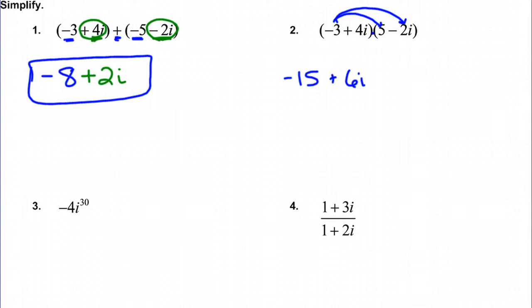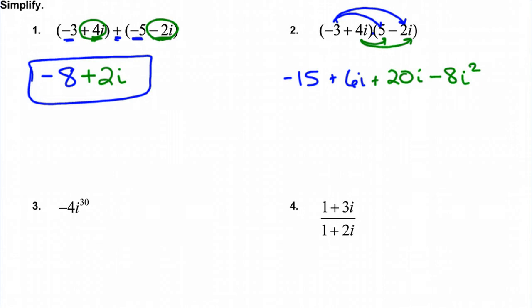Our next step would be to take 4i times 5. Positive 4i times 5 is plus 20i. And then we would take 4i times -2i, and that is going to be -8i squared. The first thing we want to recognize is that we have an i squared in the problem.